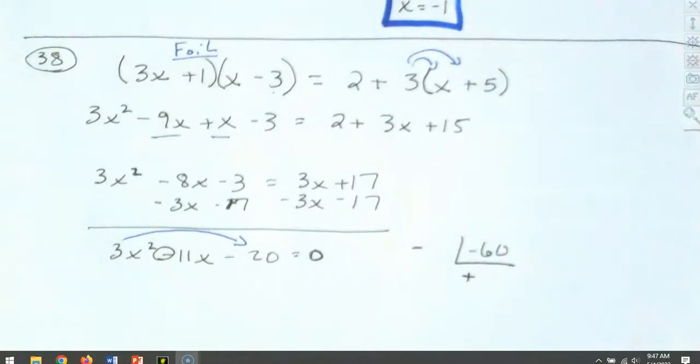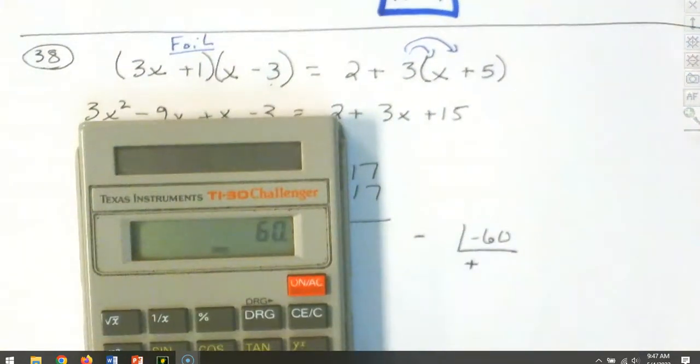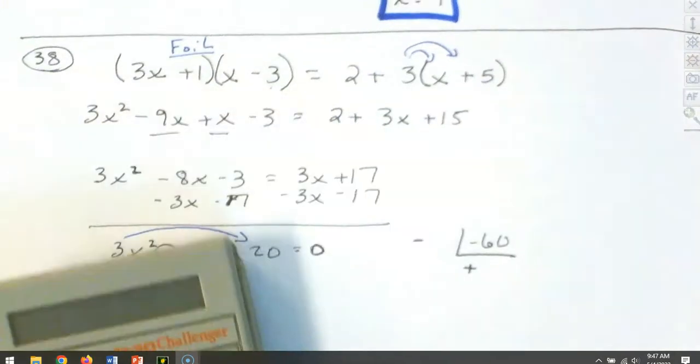Now we've got to try and find it. Okay, so what do we know? 60 ends in a what? 0. So what does that tell me? 5s and 10s. It's got to be one of those. 60 divided by 5, 5 and 12. Well, 5 and 12, when we subtract them, do we get 11? 5 minus 12, is that 11?